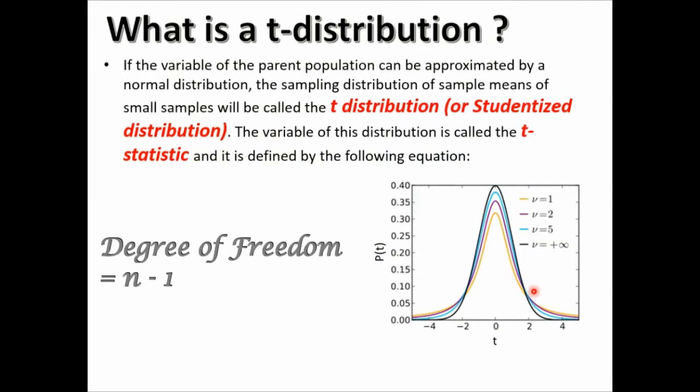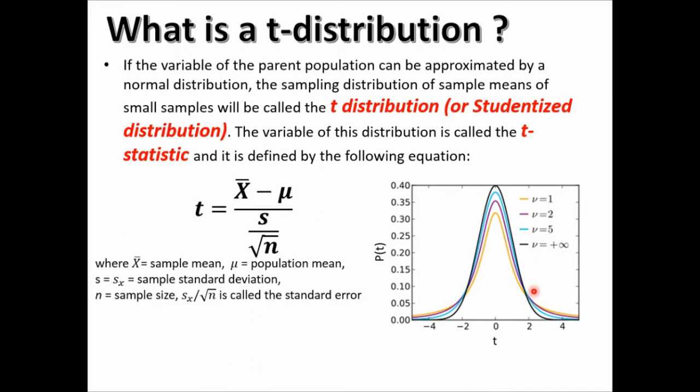Now, the t-statistic is calculated from this simple expression. It is x bar, or the sample mean, minus mu, which is the population mean, divided by the standard deviation of the sample, s, divided by the square root of the sample size.